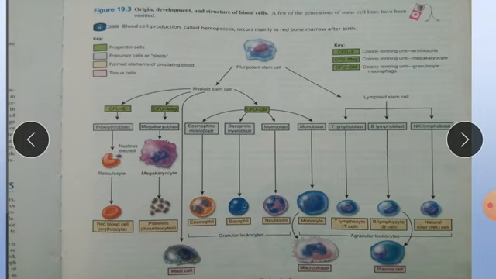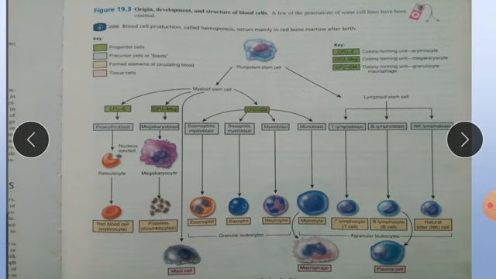Following the CFU designation is an abbreviation that indicates the mature elements of blood that it will produce. So here you can see the CFU units: CFU-E, CFU-Meg for megakaryocytes, and CFU-GM for granulocytes and macrophages.